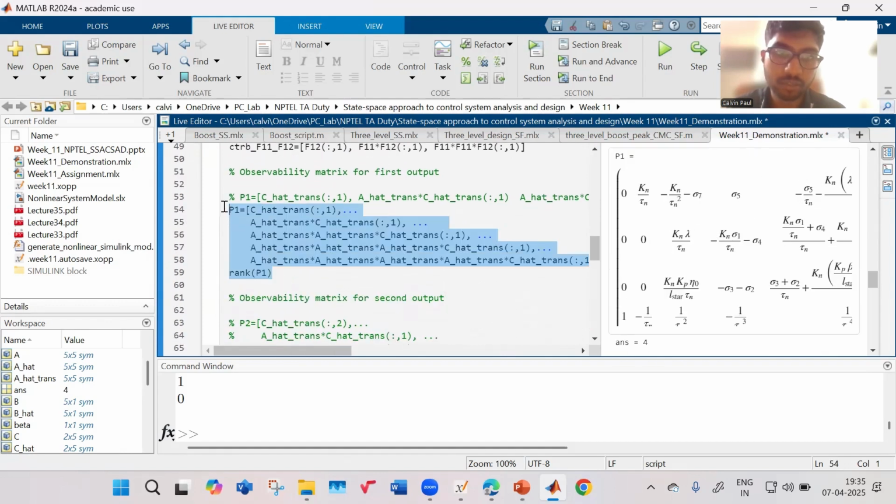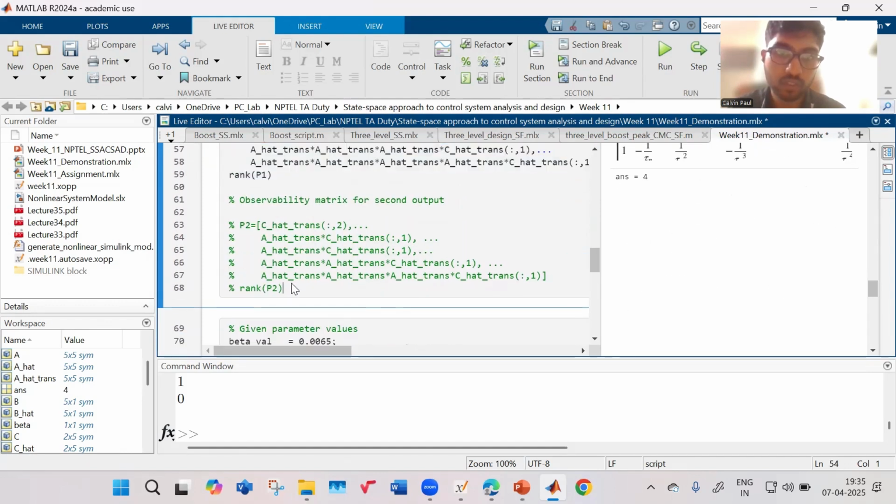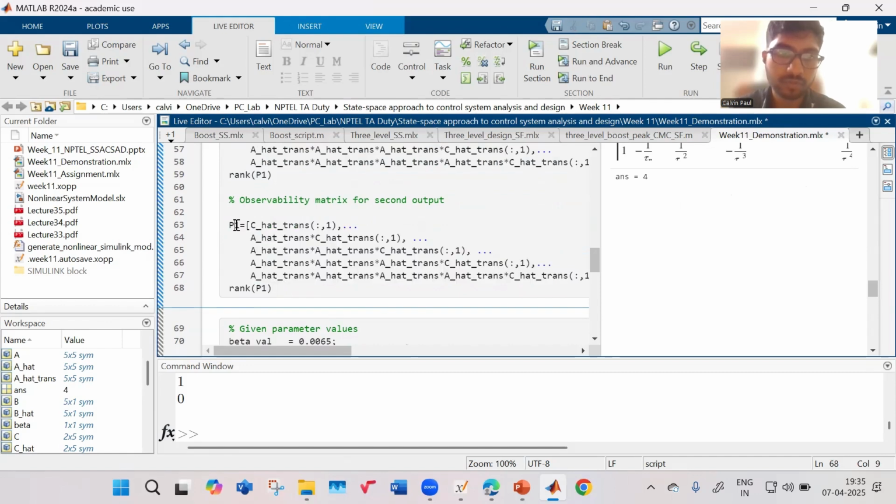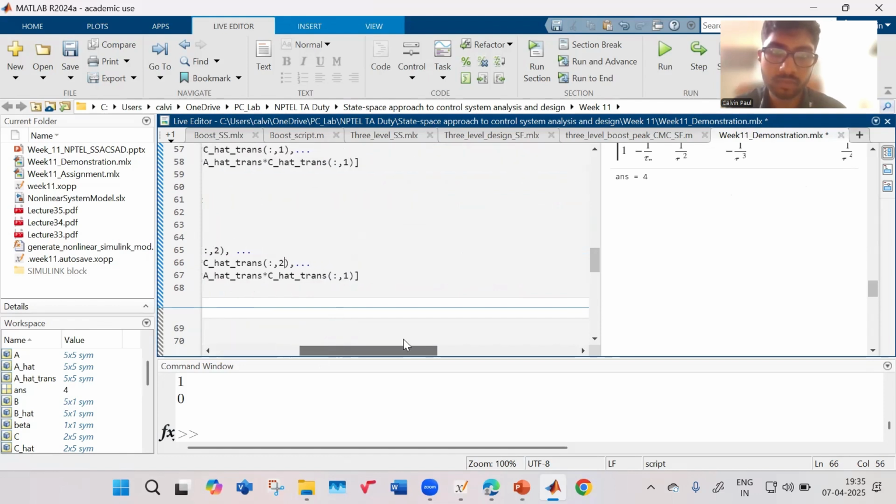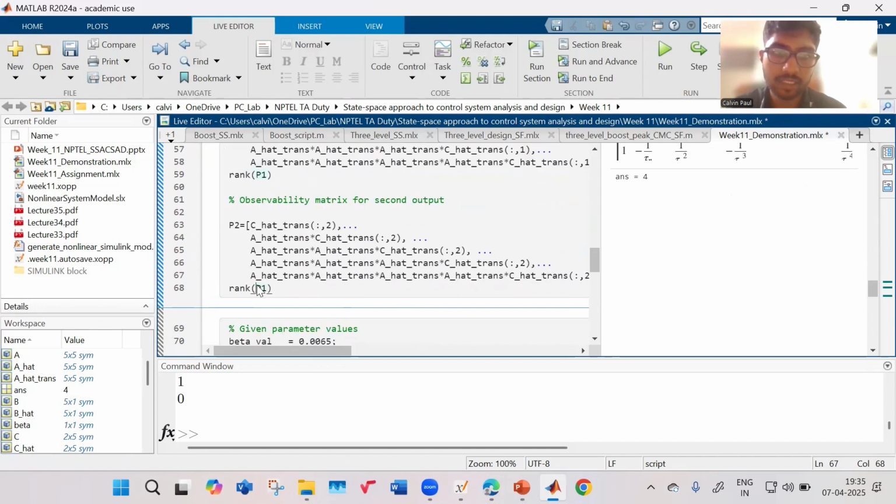So now let us do the observability matrix for the second output. So this will be P2. This is the second column. And this is P2. Okay, let us find out this.